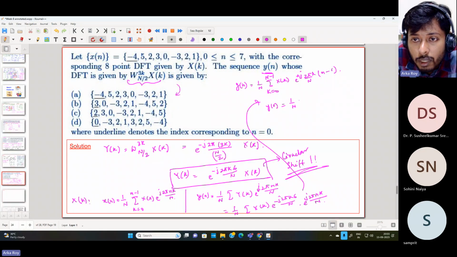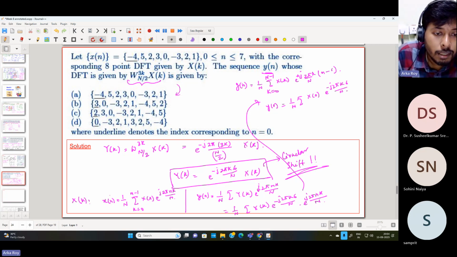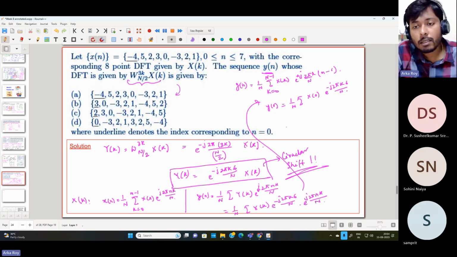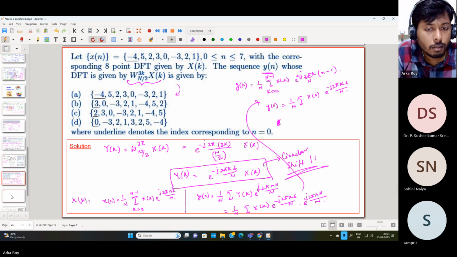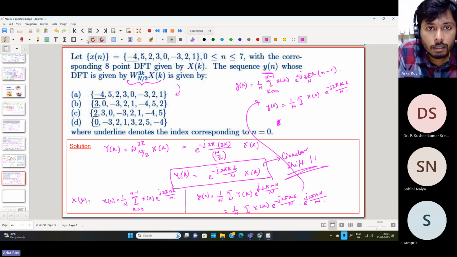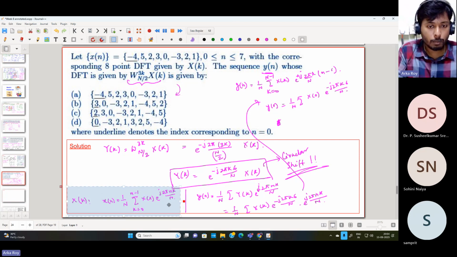So this is 1 upon N, this is x[0] and e to the power minus j 2 pi k 6 by N. And over here, if I take the same operation... So let me just go to the next page and copy some of the required formulations. Otherwise, here it would be too comprehensive.